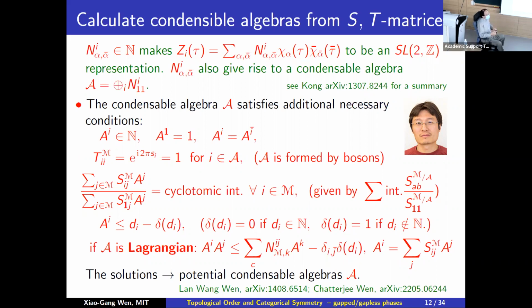So this is a really fancy way to discuss the Higgs field. We talk about Higgs condensation: what kind of particles can condense together? But those particles can be anyons, can have quantum dimensions.